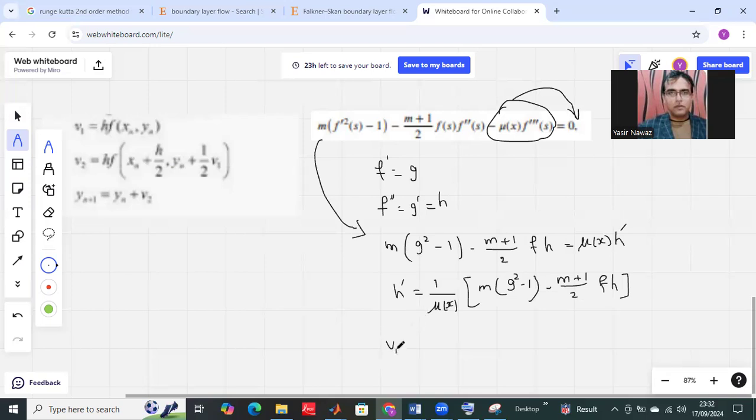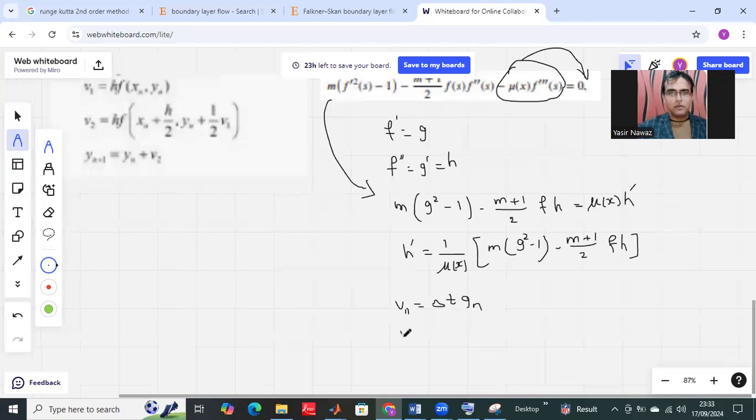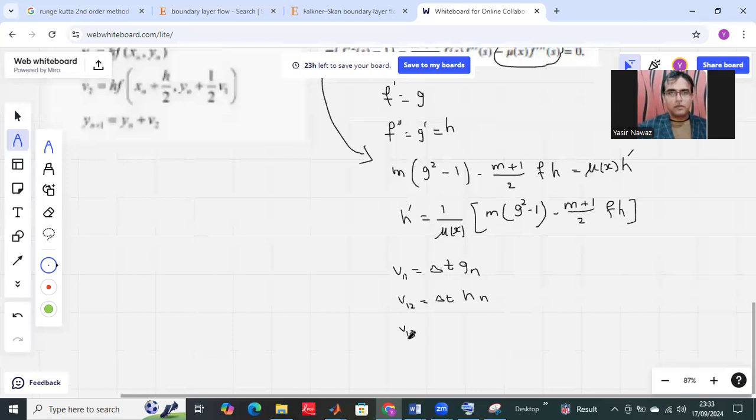So V11 is equal to delta t times the first equation g, so I write gn, and then V12 is delta t times hn, and then V13 is delta t over mu, and then m g square, evaluated at n grid point, minus m plus 1 divided by 2 fn hn, and bracket close.